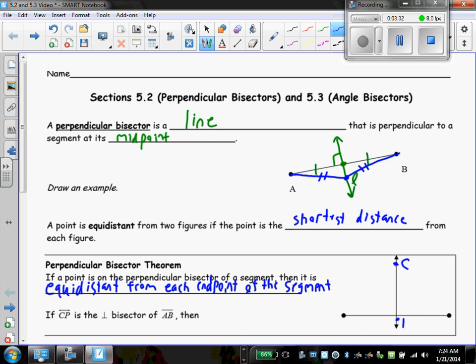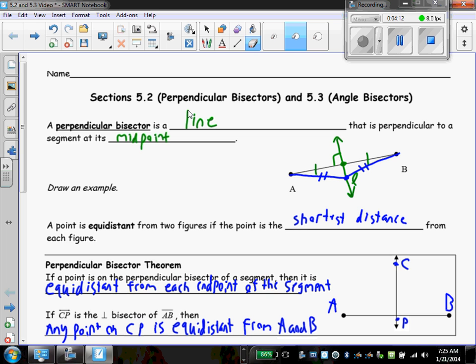If CP is the perpendicular bisector of AB, then any point on CP is equidistant from A and B. So, I don't know if I can hammer that point home any harder.